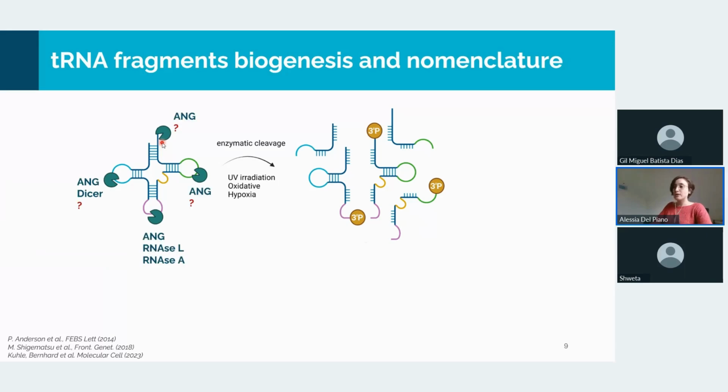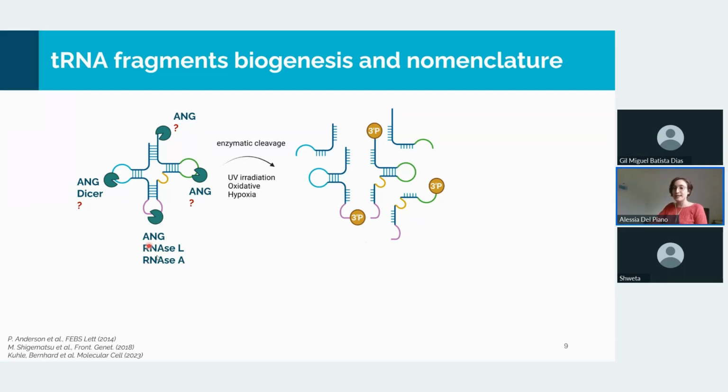So we know that the first enzyme described to produce tRNA fragments was angiogenin, and following that discovery, we know that also RNase L and RNase A are involved in the cleavage of the full-length tRNA.